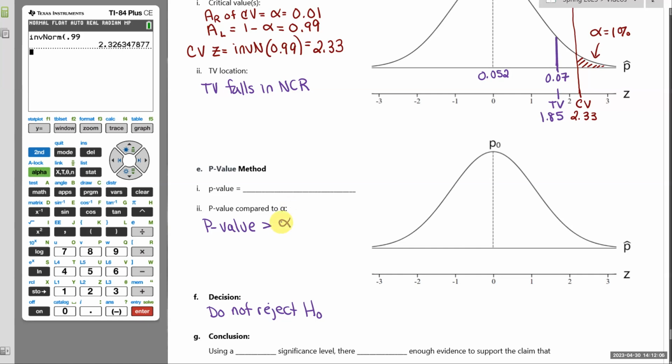So those always go together. Test value not critical is going to give me a big p-value. So let's graph it and see if that looks true visually first.